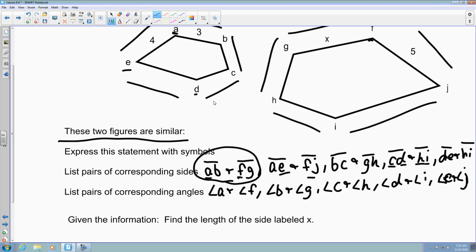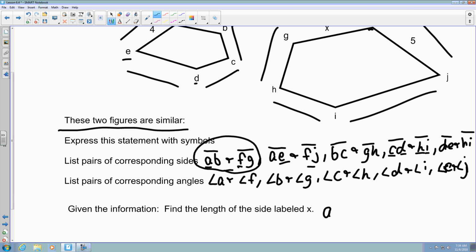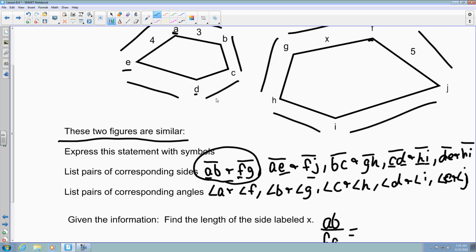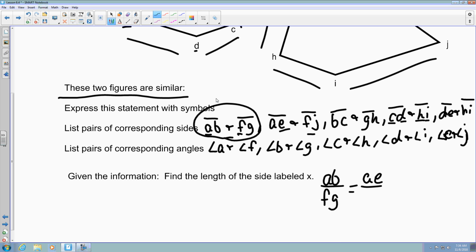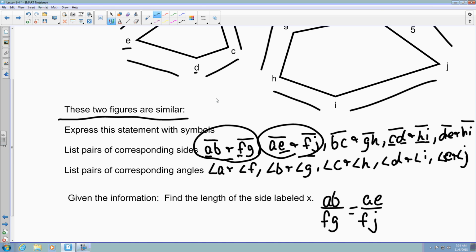So if I say AB over FG, it's going to be proportional to AE over FJ. So these two are corresponding.